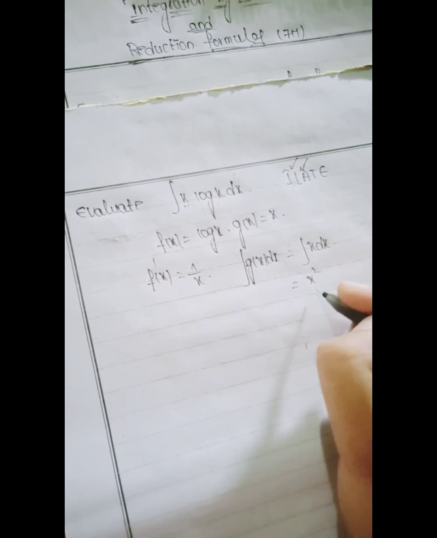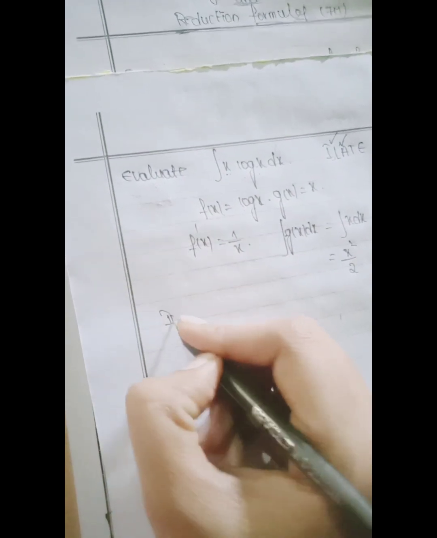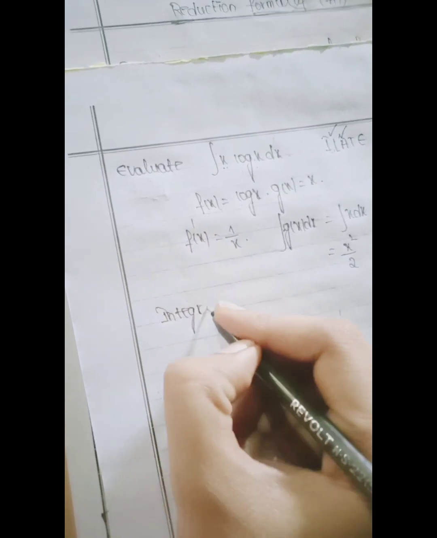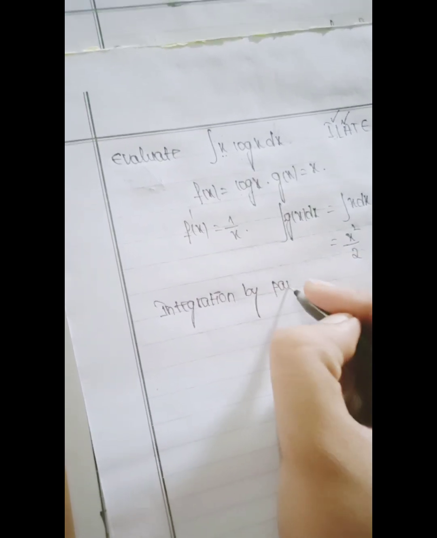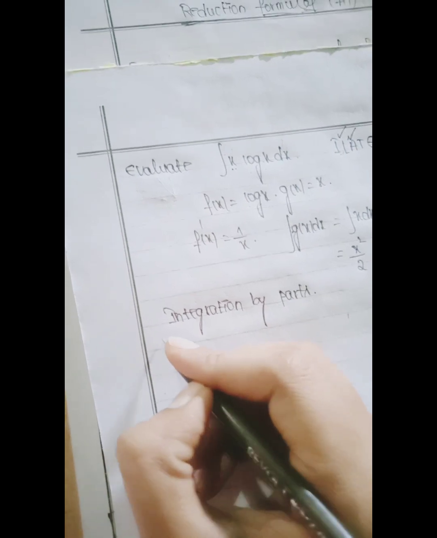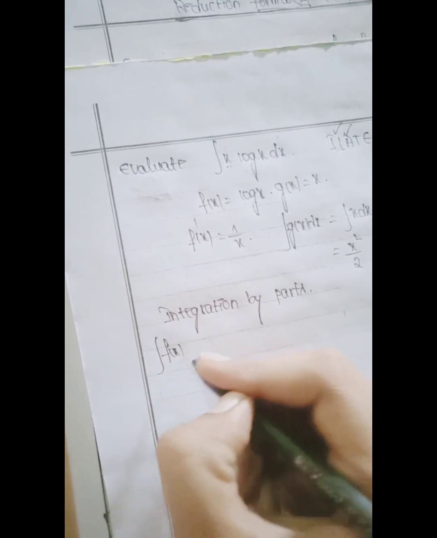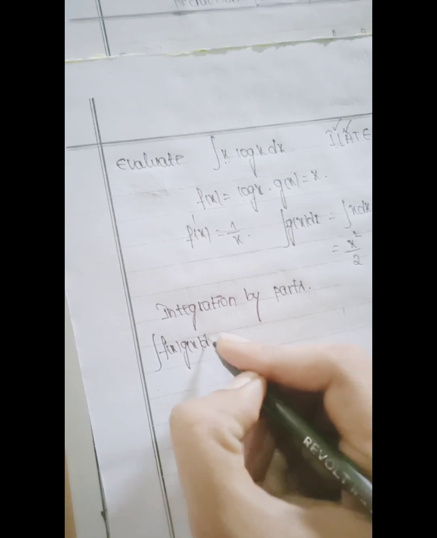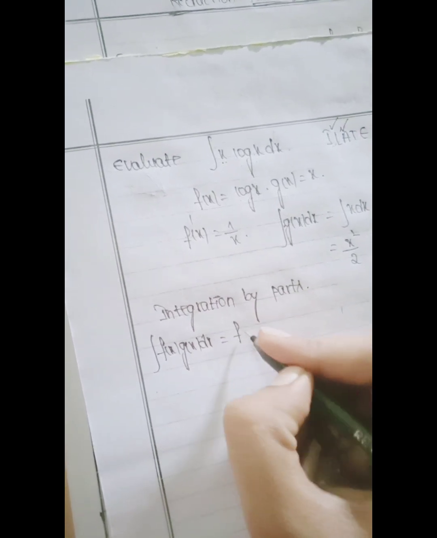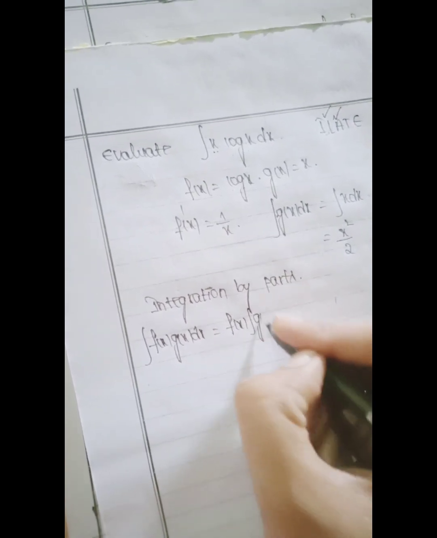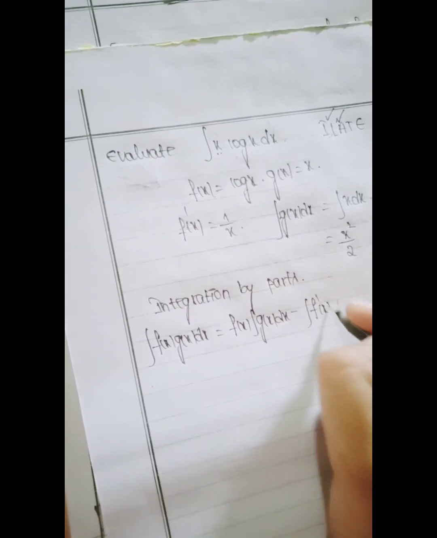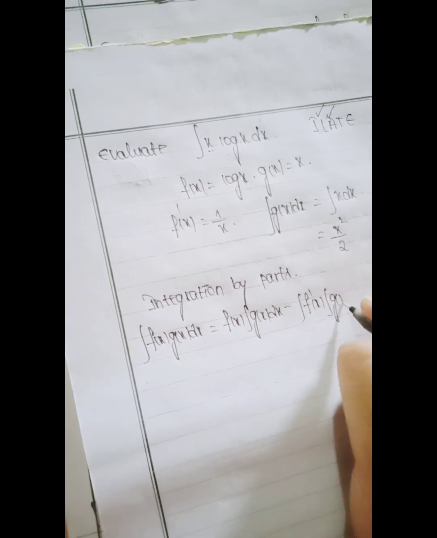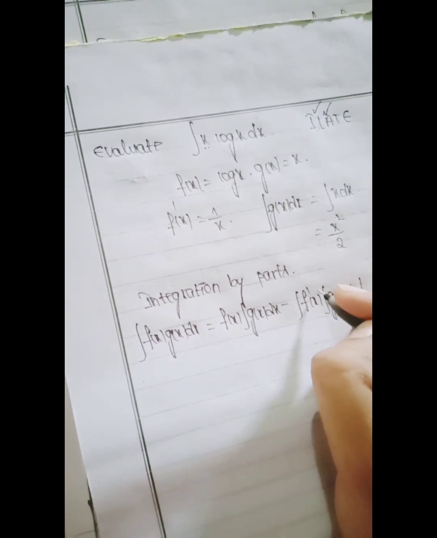What is the formula of integration by parts? Integral f of x into g of x dx is equal to f of x integral g of x dx minus integral f dash of x into integral g of x dx, whole dx, plus c.